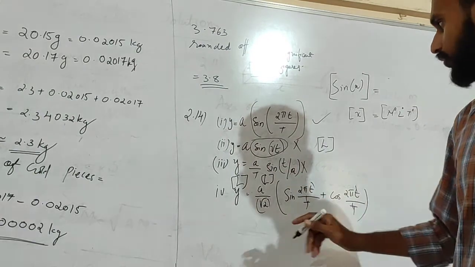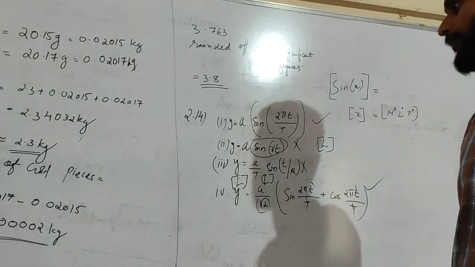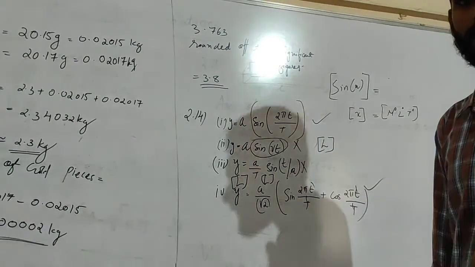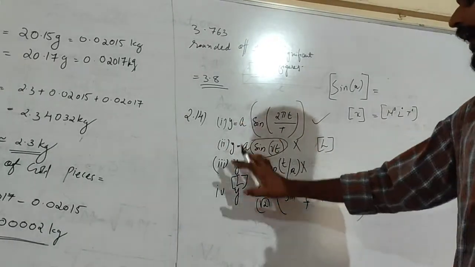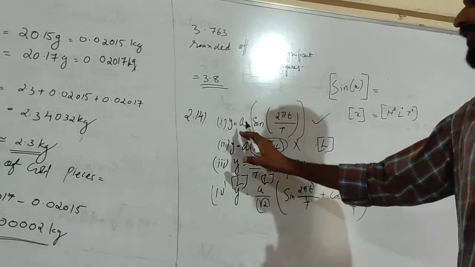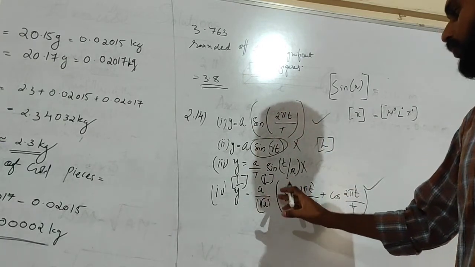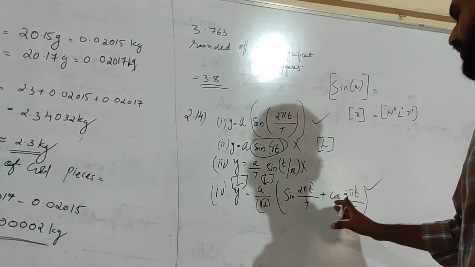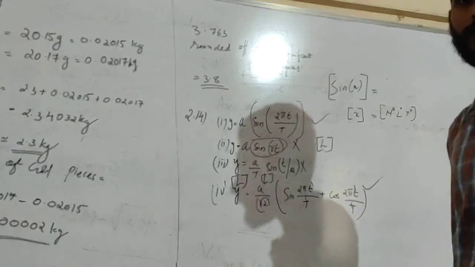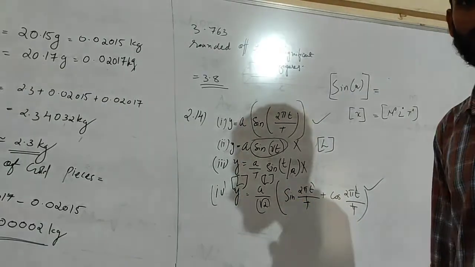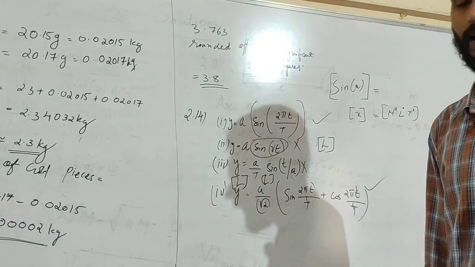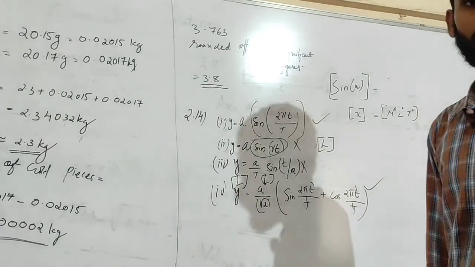That means this is also a valid equation. So, as per dimensional analysis, equations 1 and 4, that is y is equal to a sin 2 pi t by T and y is equal to a by root 2 of sin 2 pi t by T plus cos 2 pi t by T, are the two equations which are valid by dimensional analysis. Okay, is it clear?